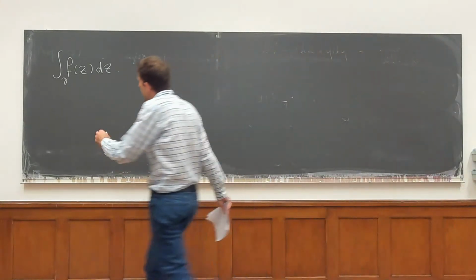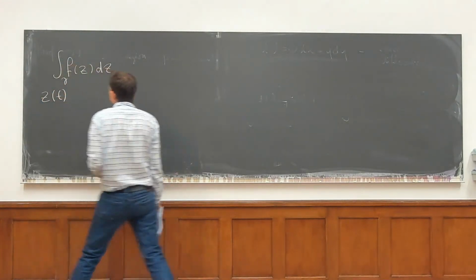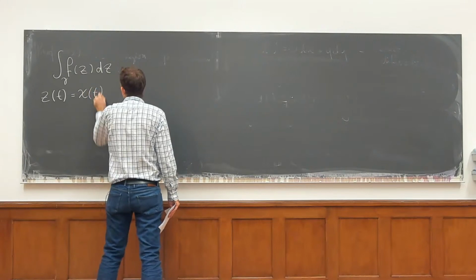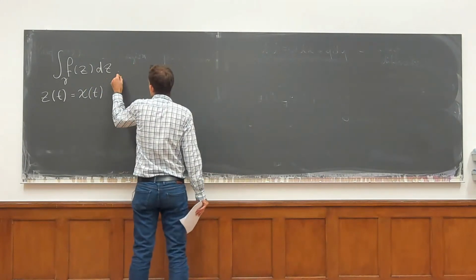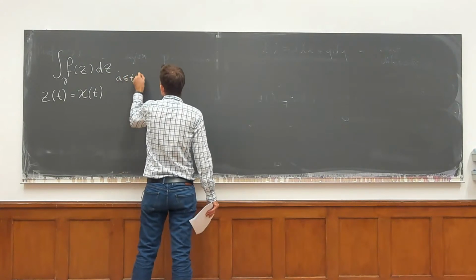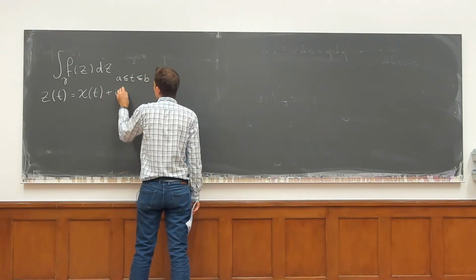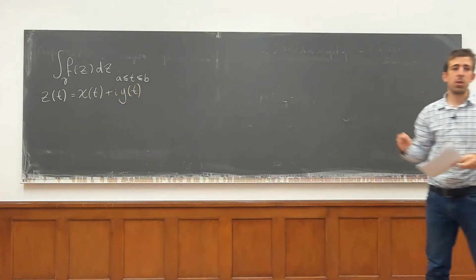Now, we consider the parameterization of the curve. We can think of a parameterization of the curve z(t), let's say for t from a to b, as x(t) plus i y(t). We're parameterizing a curve on the plane.